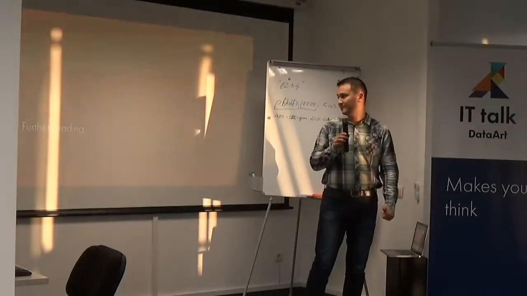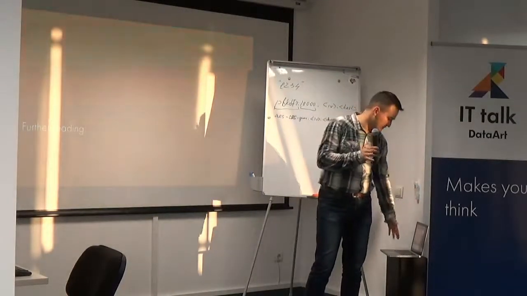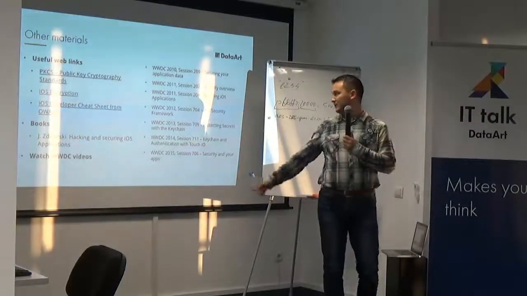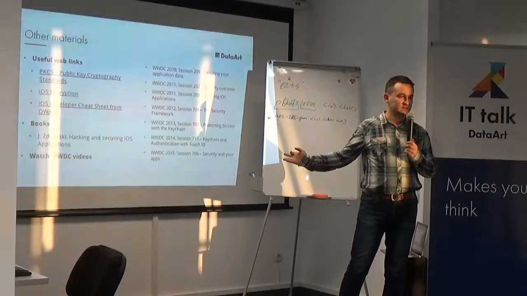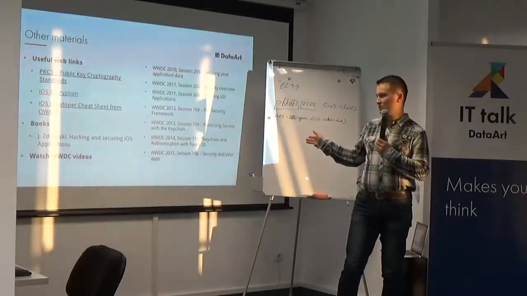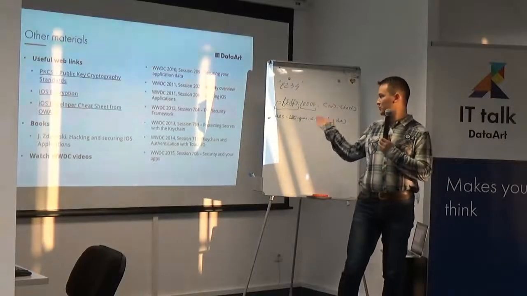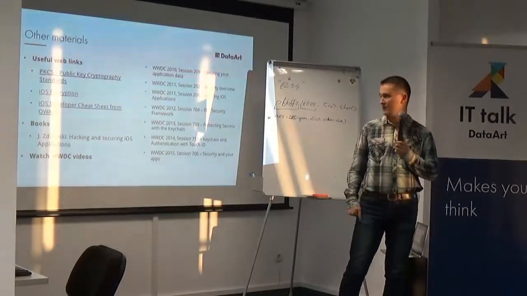So, what can we read further about the security on iOS? Here is a set of WWDC sessions related to data encryption, to security overview on iOS, to secure data storage.